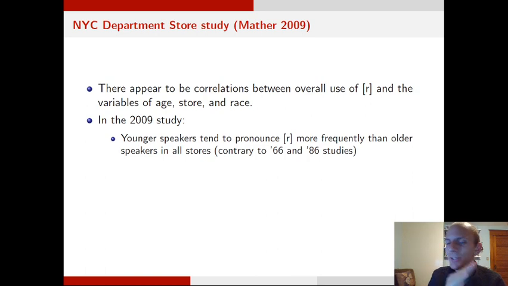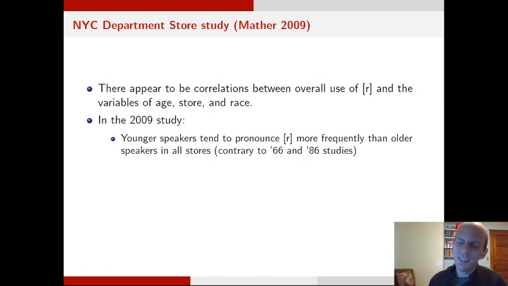Already, you start to see a spoiler alert, a precursor to the later waves of sociolinguistics, where Labov wanted to know about socioeconomic class, and these more modern studies, like this one in 2009, pay more attention to things like age and race. Still big categories, but at least more of them, right?